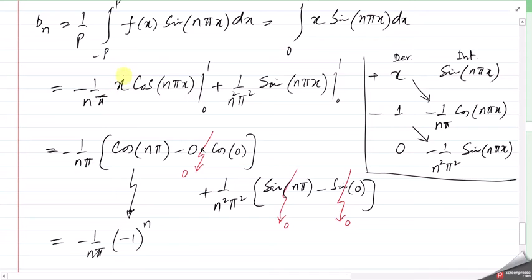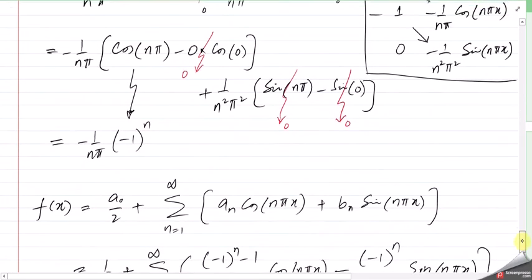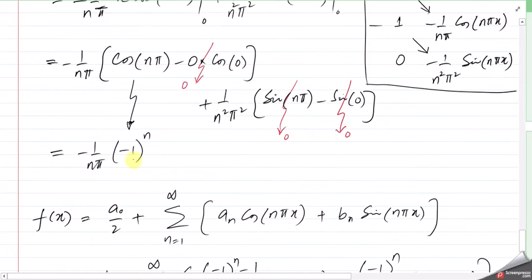Do not forget this x outside, that will get 0, and that is why this term goes to 0. Cos 0 is 1, but 0 multiplied by 1 is 0. And from here we get sine n pi, that goes to 0, and then minus sine 0, that goes to 0. So these three terms go to 0, and we get cos n pi, which is minus 1 power n.